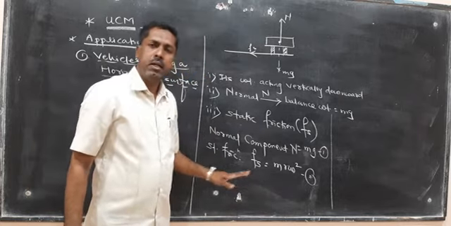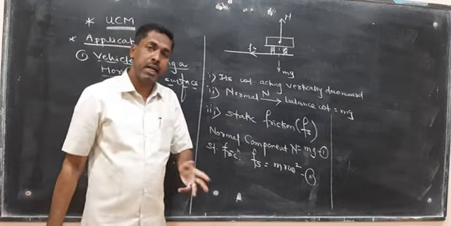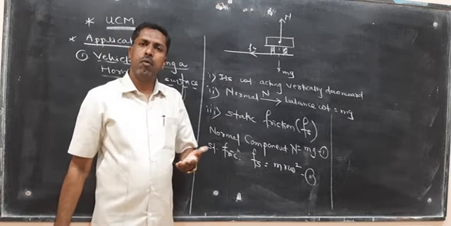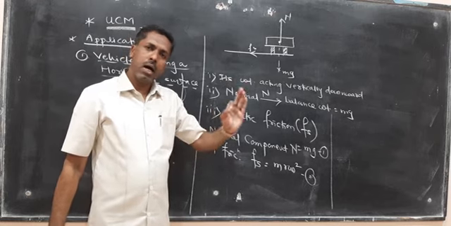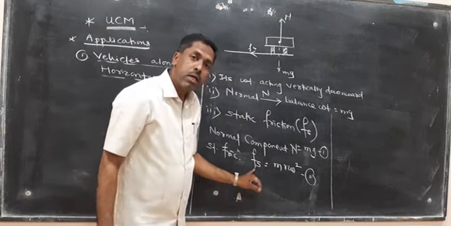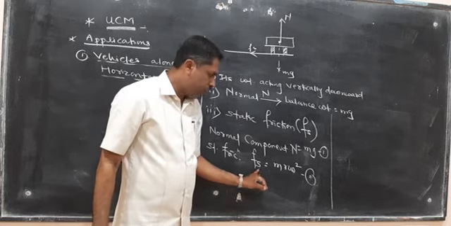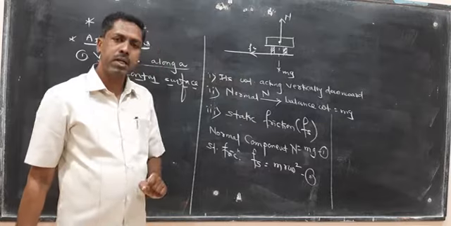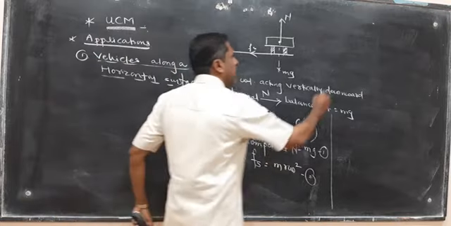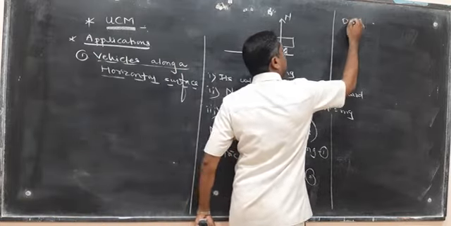We are well familiar, we have just seen it in centripetal and centrifugal force. Force, what is force? Mass into acceleration. Acceleration is r omega square. So the force, static friction Fs, is equal to m r omega square. Equation number 2. Dividing equation 2 by 1, what do we get?